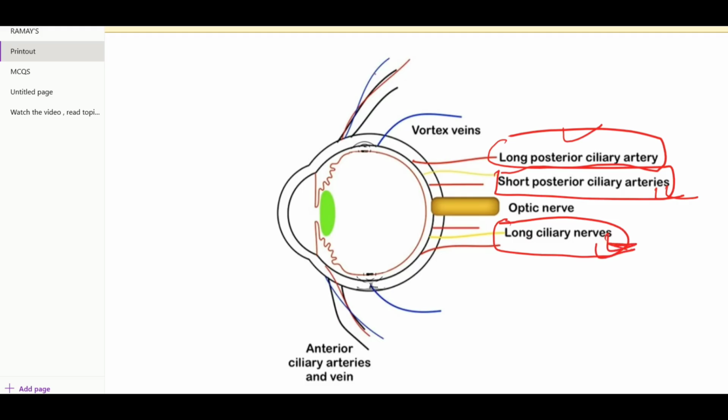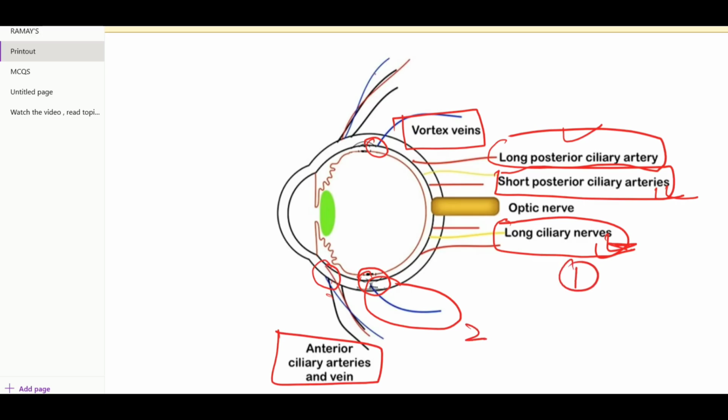In the middle, there is another aperture for the passage of the vortex veins. More anteriorly, there is another aperture for the anterior ciliary artery and vein. So first one, second one, and this is the third one.